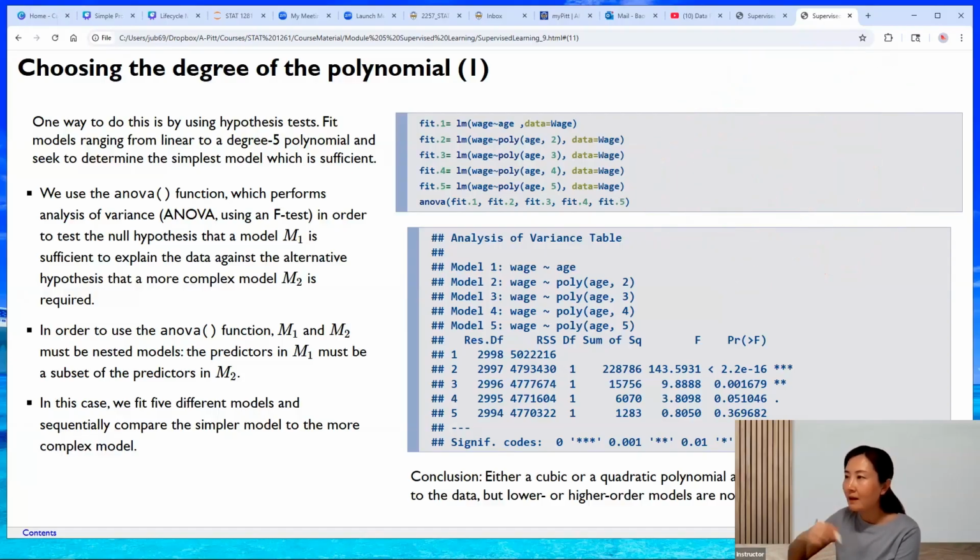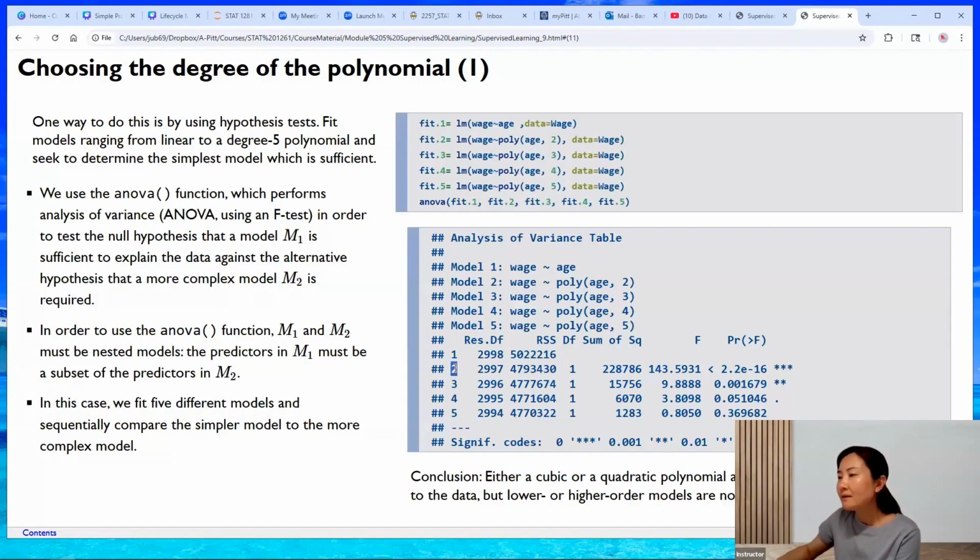And then we can compare them at once. Just make sure that you put them in the right order, from the smallest to the largest. Then I see the result. Take a look at this part. So the first model is here. Residual sum of squares is equal to this.